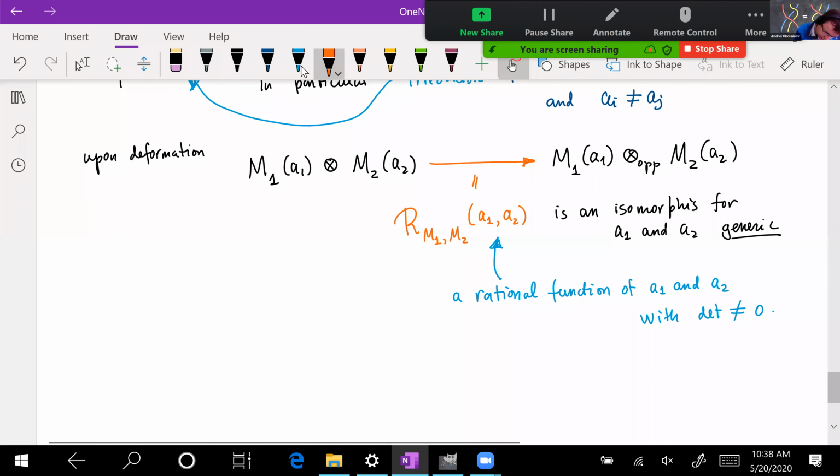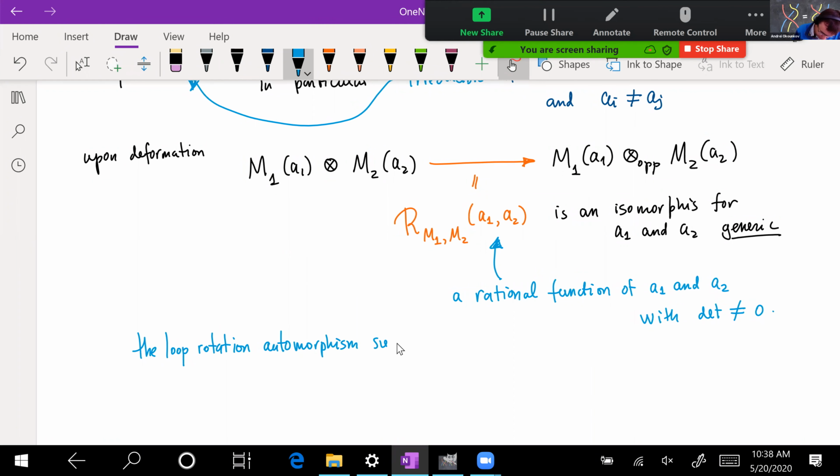If we would like to preserve the loop rotation in our deformation, the loop rotation survives, and so this matrix only depends on the ratio. We'll denote it by the variable u.